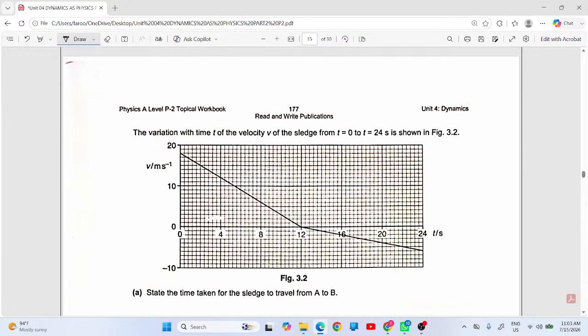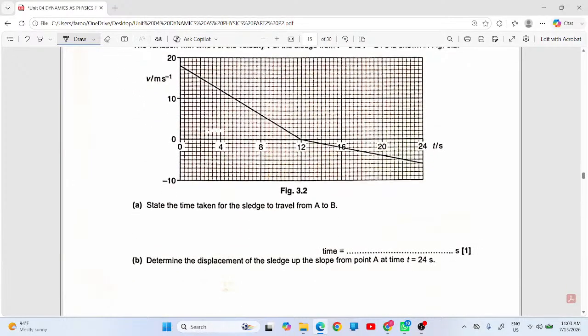The variation with time t of the velocity v of the sledge from 0 to 24 seconds is shown.